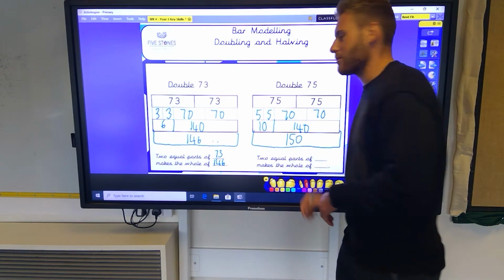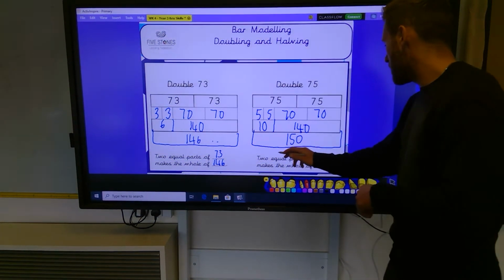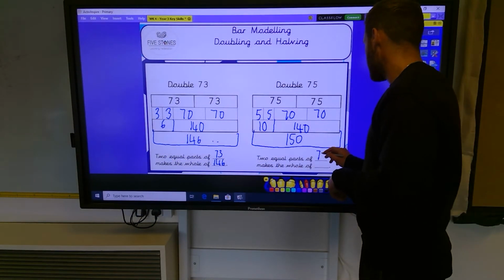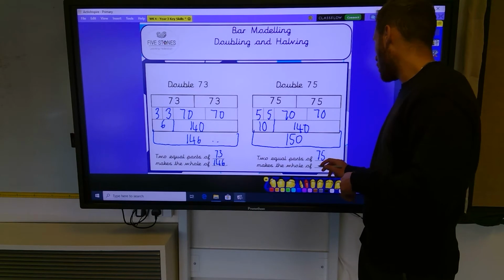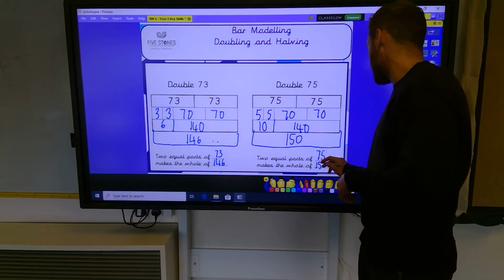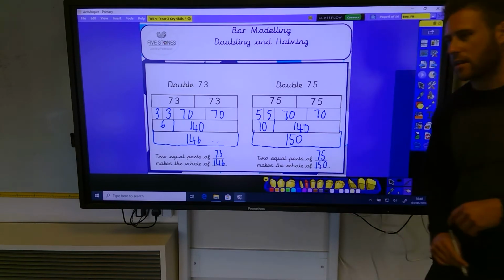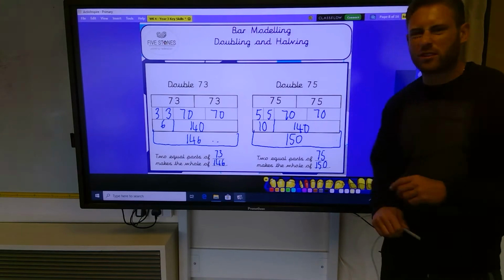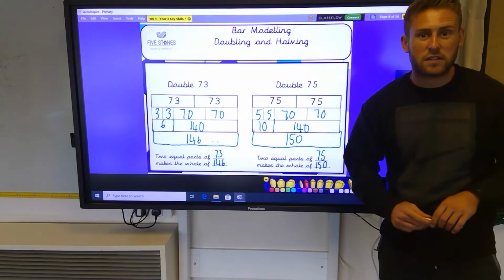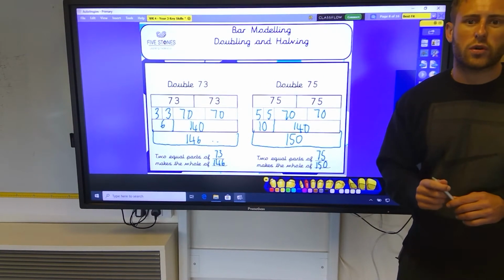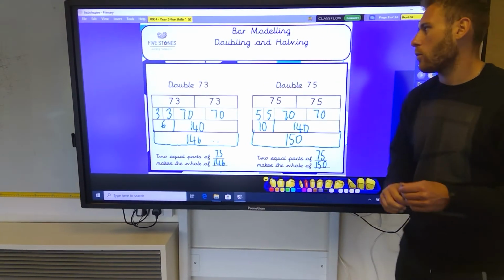Brilliant. You're so good at counting tens, I know you'll be able to do that. So two equal parts of 75 makes the whole of 150. Fantastic. Knowing double 75 is 150 is a really useful fact to know. So let's keep practicing that one.